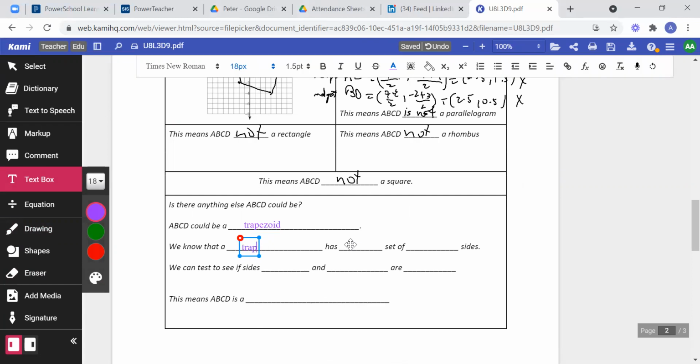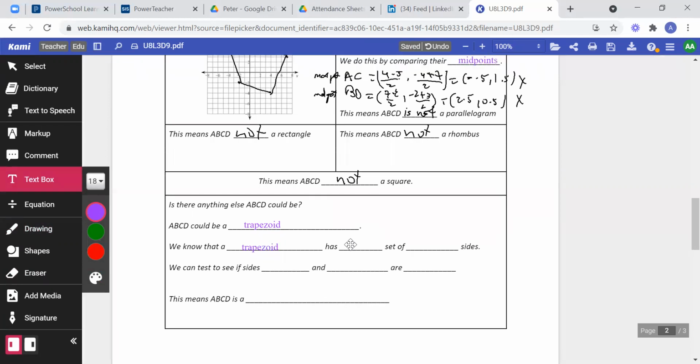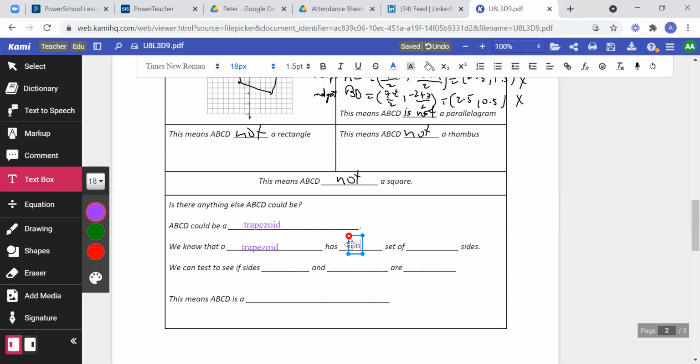We're just going to recall the attributes of a trapezoid. A trapezoid has one set of parallel sides. Then we're going to check the slope of these two sides.